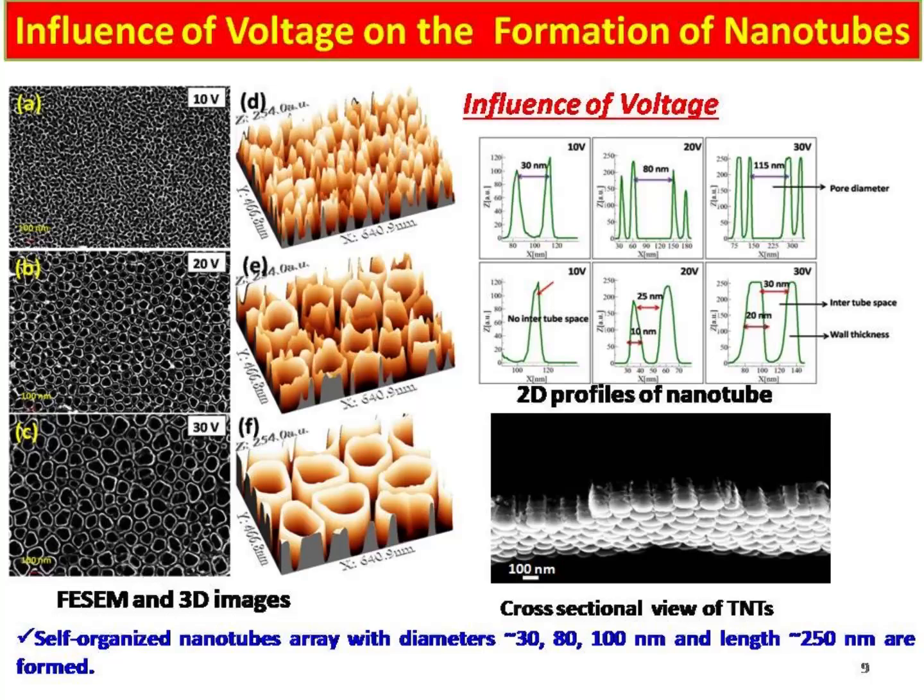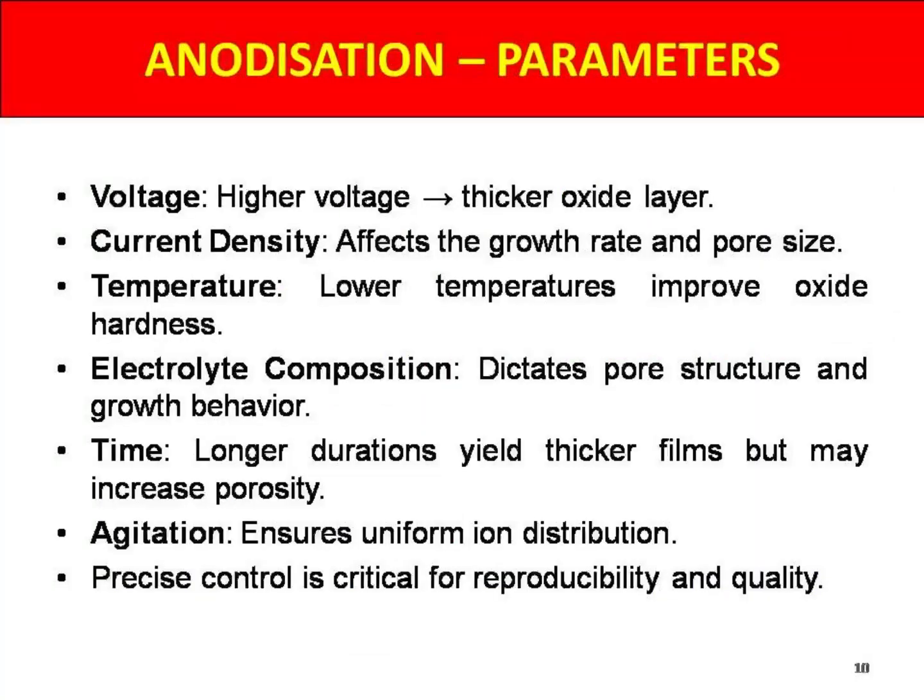As already told, the important parameters for the anodization process are voltage. If you apply a higher voltage, then you will get a thicker oxide layer. Current density also affects the growth rate and pore size. Temperature also influences the morphology of the sample. Lower temperatures improve oxide hardness.